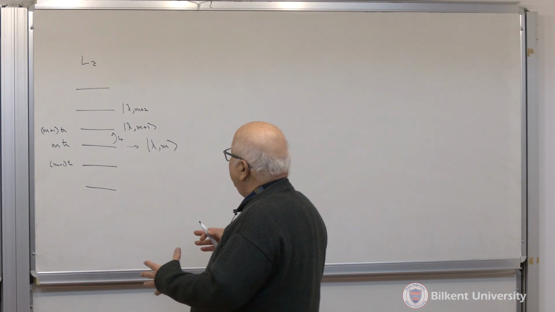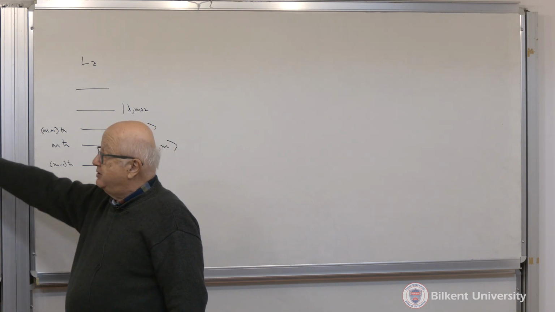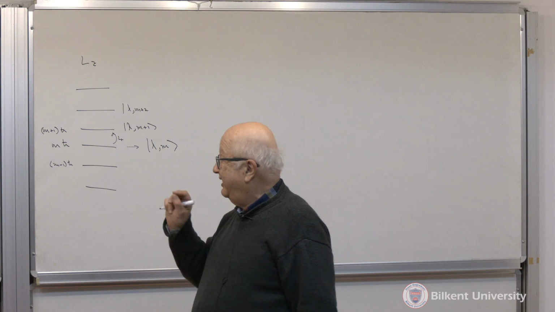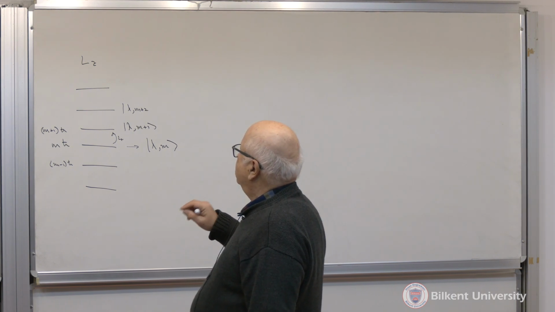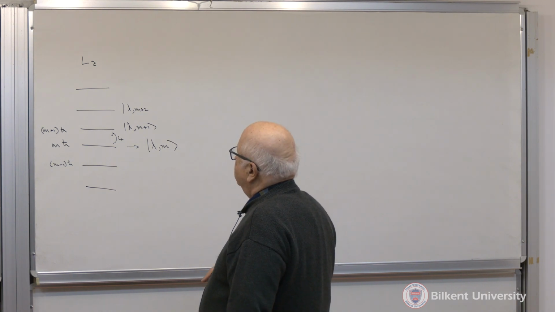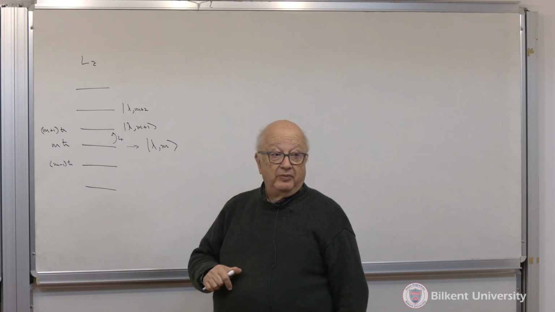So all of these things have the same lambdas, you see? When I operate on it with L plus or L minus, I do not change the lambda. So the total angular momentum eigenvalues are the same, but the Lz eigenvalues increase or decrease by 1.